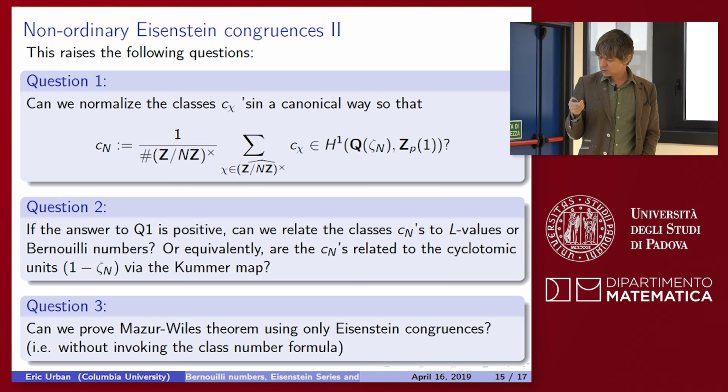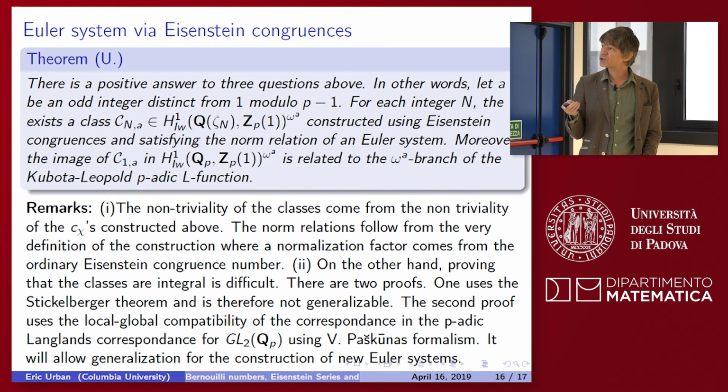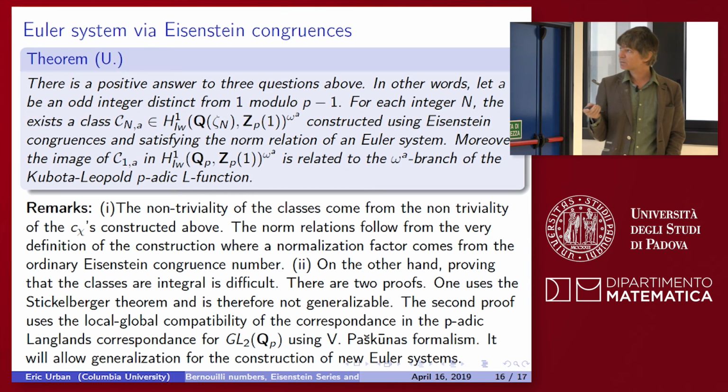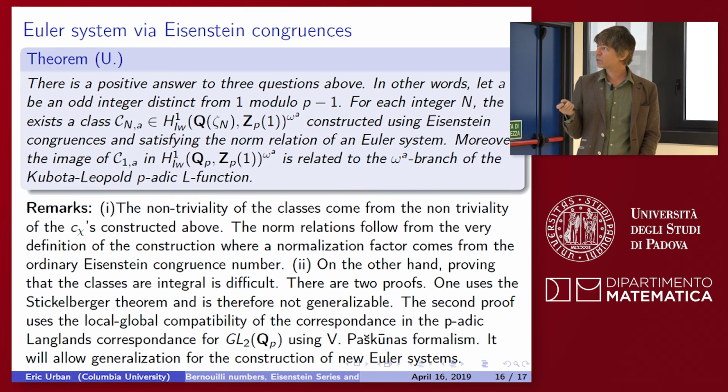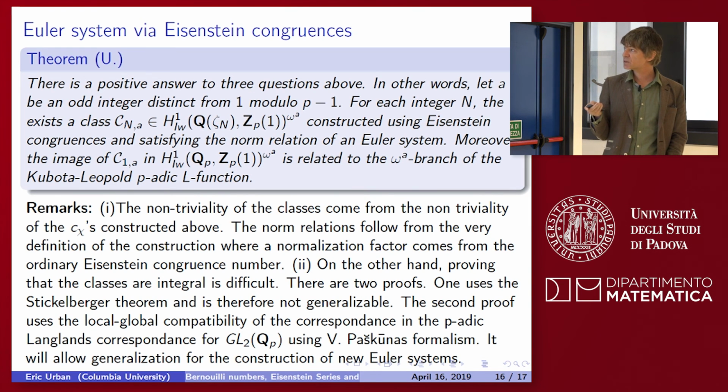I'm going to finish with this theorem, saying that actually there is a positive answer to the 3 questions above. If you use the Mazur-Wiles theory, you can express this in this way.